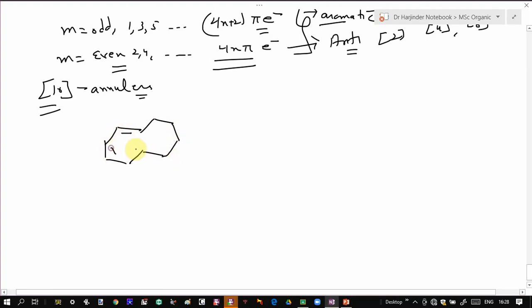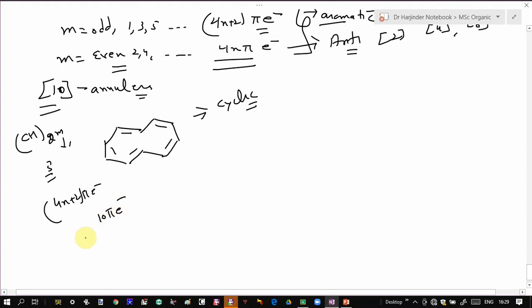So double bond here, double bond over here, here and here. It has a cyclic structure, and you can see it has 10 carbons, so it's a [10]annulene. According to its general formula CnHn, n is 5, that means n is odd, that means it has 4n plus 2 pi electrons. That's true, it has 2, 4, 6, 8 and 10.